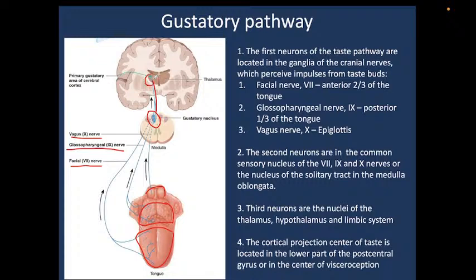This is the second neuron, and it comes into the primary gustatory area of the frontal lobe of the cerebrum.